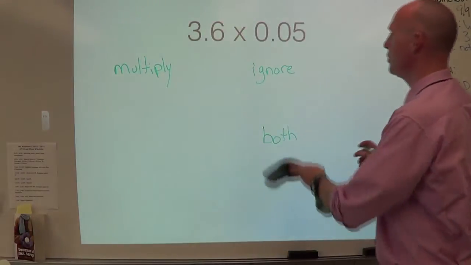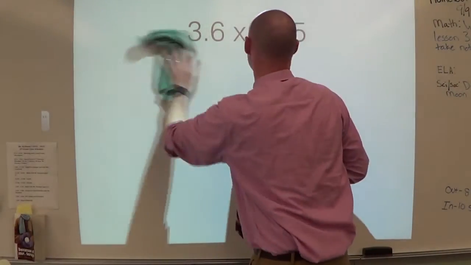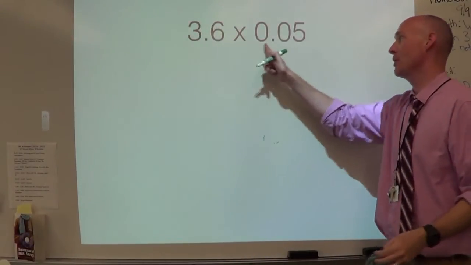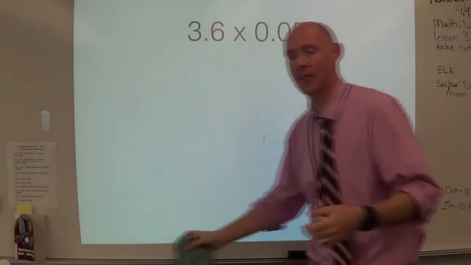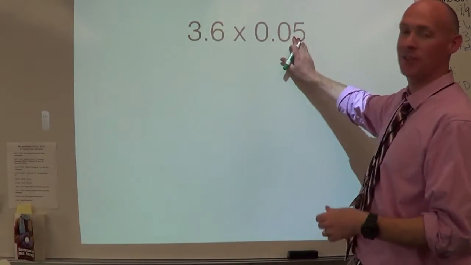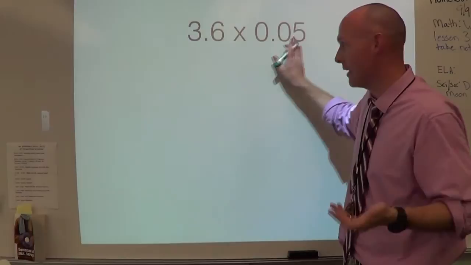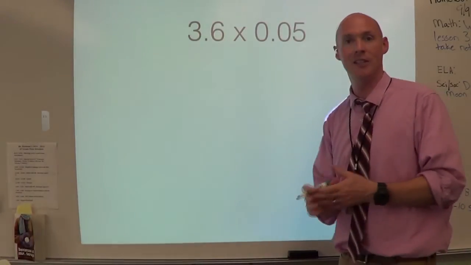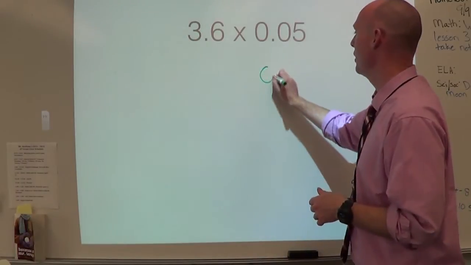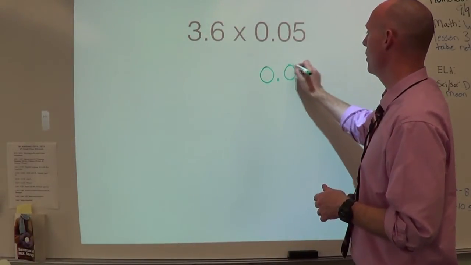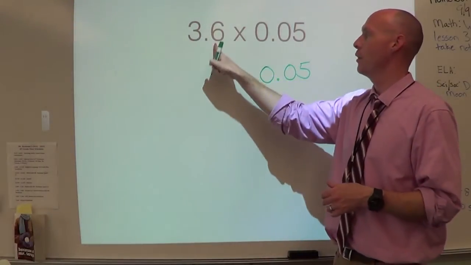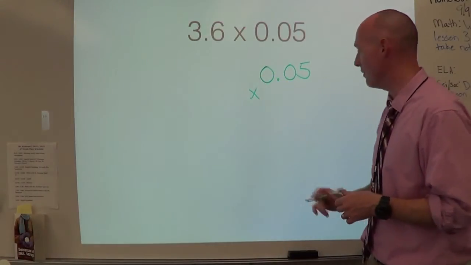Okay, here I have two decimals. Here I have 3 6/10 times 5/100. So let's set it up. Just because this one has 3 digits, I'm going to put it on top. This one has 2. I like the bigger number on top. 0, decimal point, 0, 5, times 3 6/10.